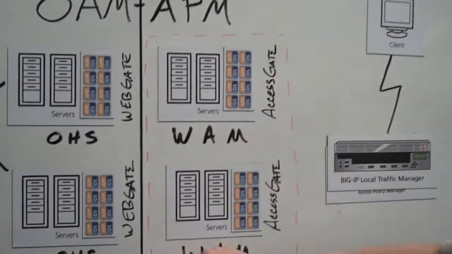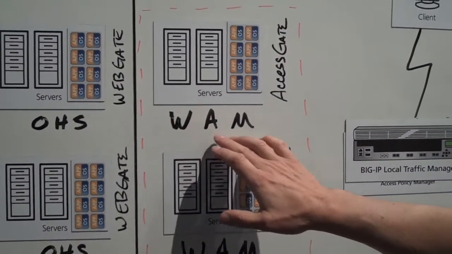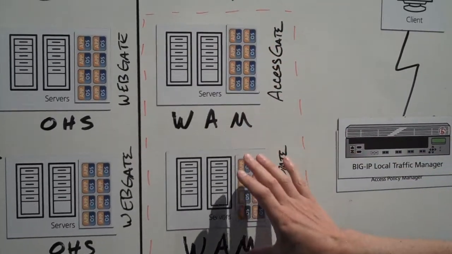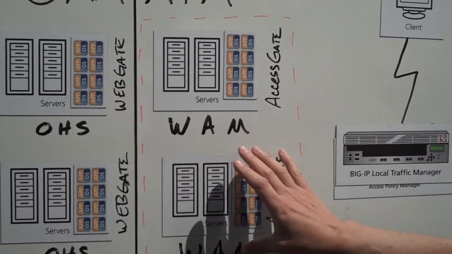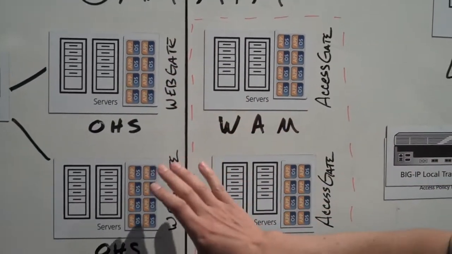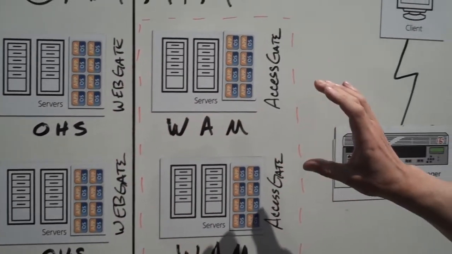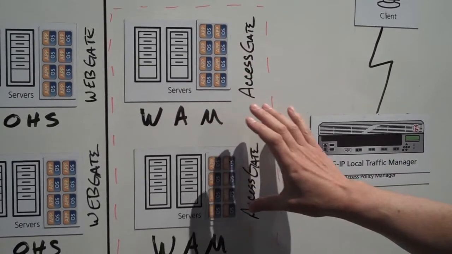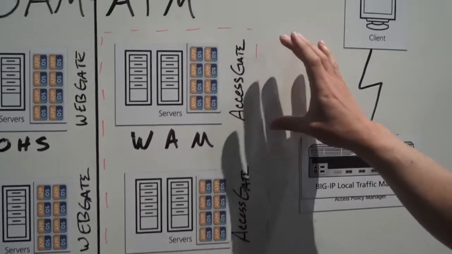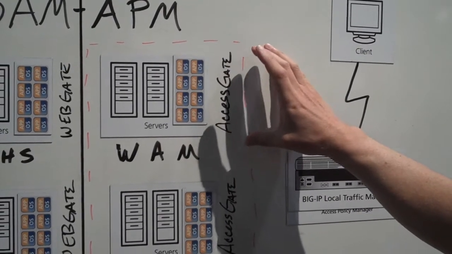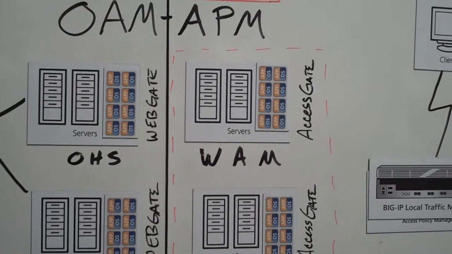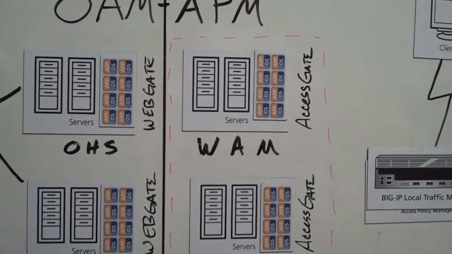In the red box here, we have what's called the Web Application Management Proxy tier. This is the tier of servers that is usually deployed to protect all these application servers. There's a piece of software on these servers called the Access Gate. The Access Gate works with the WebGate to perform the challenge and the authentication of who the users are.